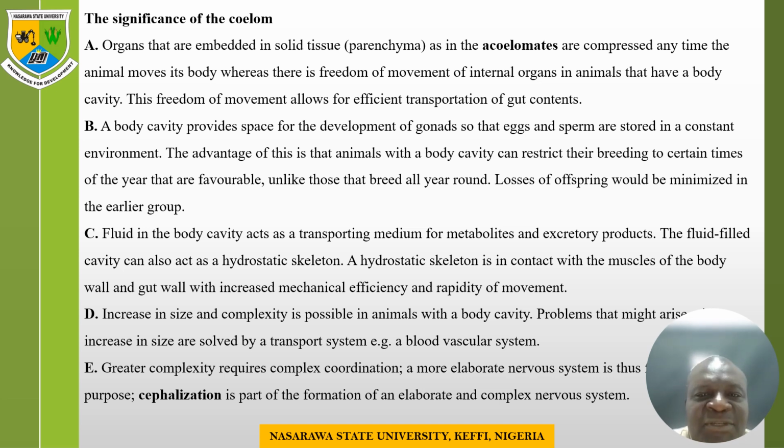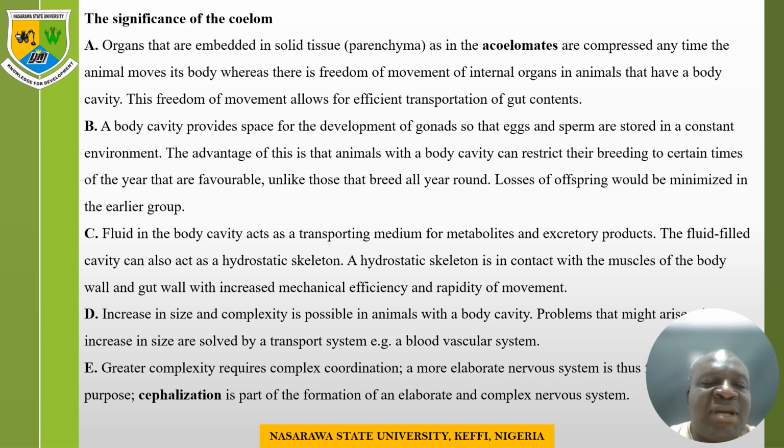It is the coelom that propels the organism to move from one region to another, because they are animals, not plants, that are static in one place. So this coelom enables them to move from one region to another so that they can search for what they can eat in order to survive.